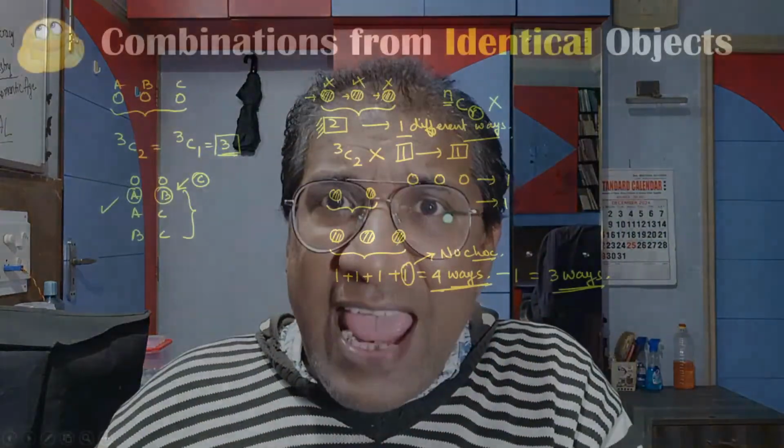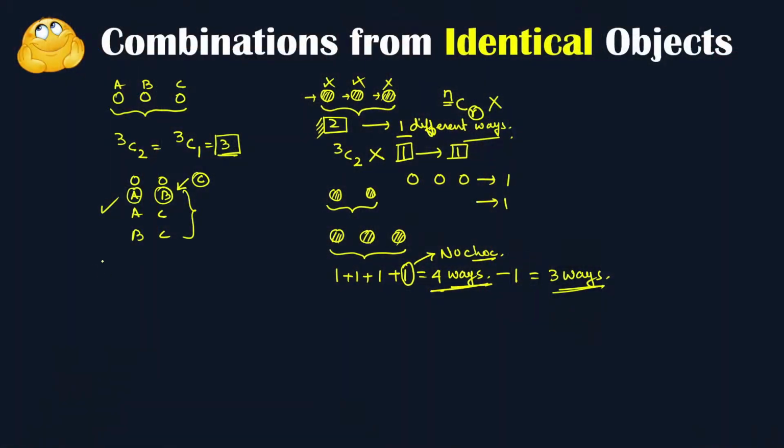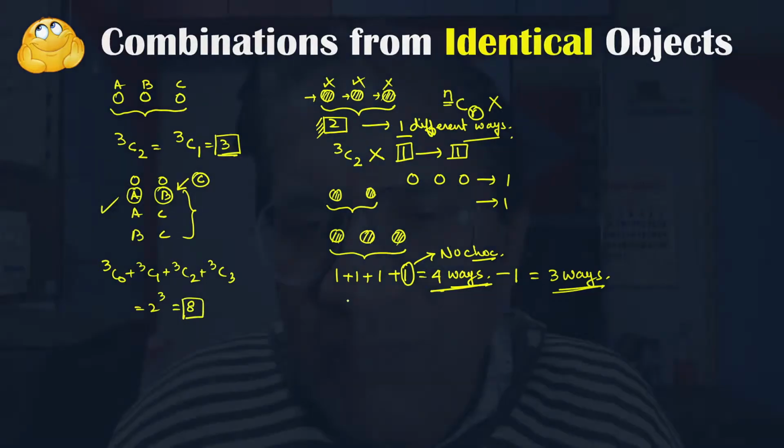So in that case, the total number of ways will be 3C0 + 3C1 + 3C2 + 3C3, which gives us 2 cube, which is actually 8. So 8 is the total number of ways when 3 chocolates are distinct, out of which there is one case where no chocolate is given to that person. Are you getting my point?